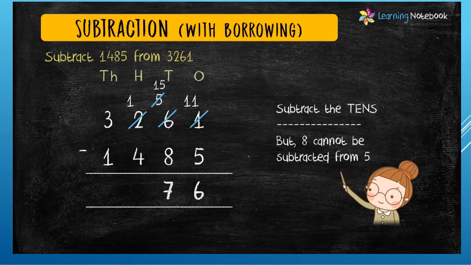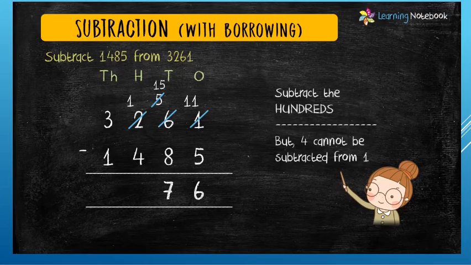Now students, let's subtract the digits at hundreds place. But again 4 cannot be subtracted from 1. So let's borrow from thousands place. So 3 becomes 2 and 1 becomes 11. Now we can subtract the digits at hundreds place. 11 minus 4 equals 7.